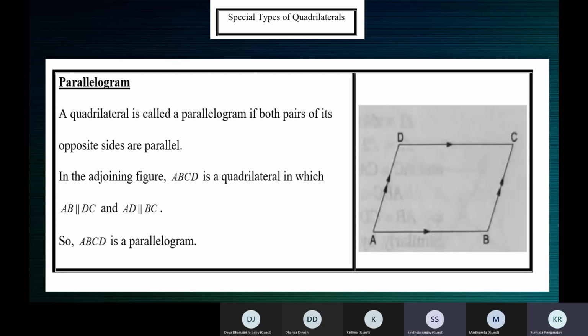Yes, ma'am. The first point means use this figure to understand. AB is parallel to DC and DA is parallel to BC. Okay, DA is parallel to BC. That is the first property.